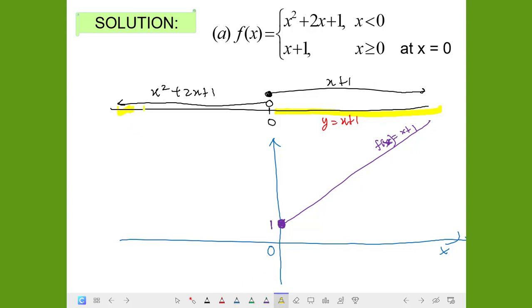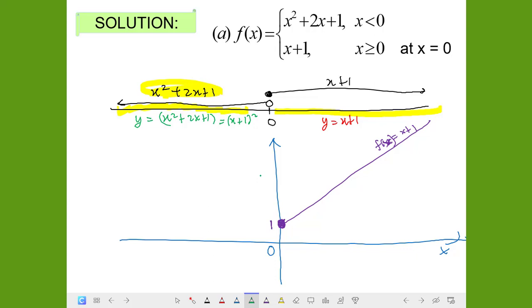Here on this part, you need to sketch the quadratic, y is equal to x squared plus 2x plus 1, or (x plus 1) squared.